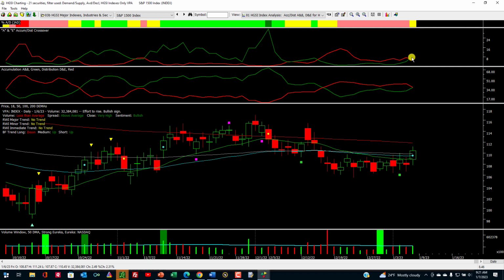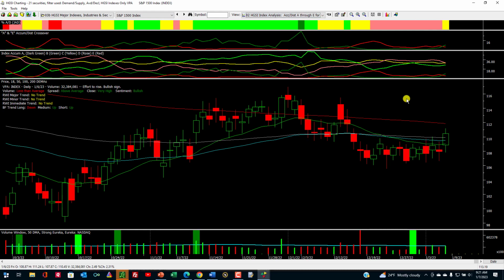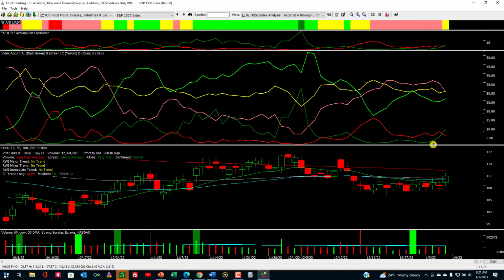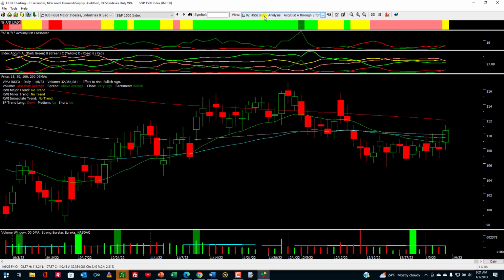And this is accumulation versus distribution. A's and B's are green, and A is green, E is red. These are A's and B's here, and D's and E's. You can see there's accumulation coming into the S&P 1500. If I drop down to the next one, this just shows the rotation of the accumulation.